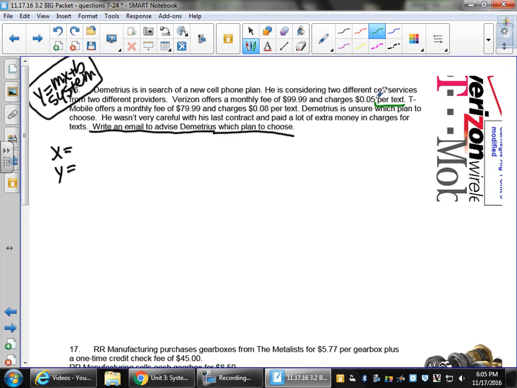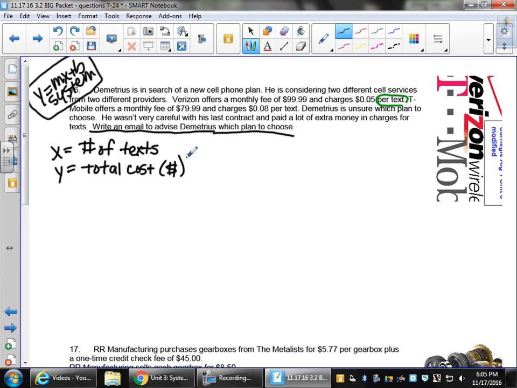Per text jumps out. So I know that x is number of texts. And once you know the number of texts you're going to send, you'll know the total. For y equals mx plus b systems, y is always a total. In this case, total cost.